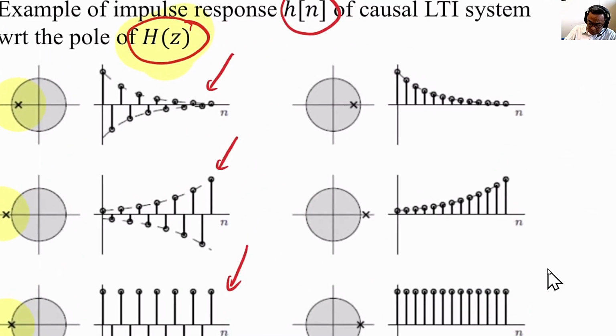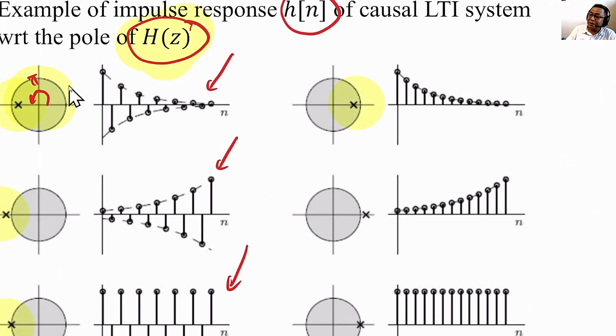Now, these examples on the right, again, we have a pole inside the unit circle. Here is an exponentially decaying signal. What is different from here to here is that this is along the positive real line, and here is along the negative real line. And hence, this is actually having an omega of pi.